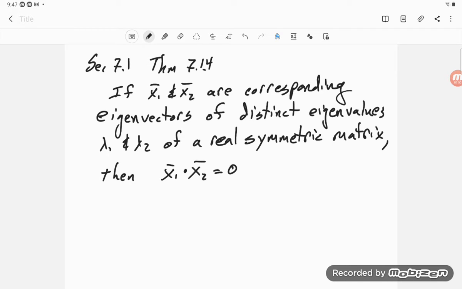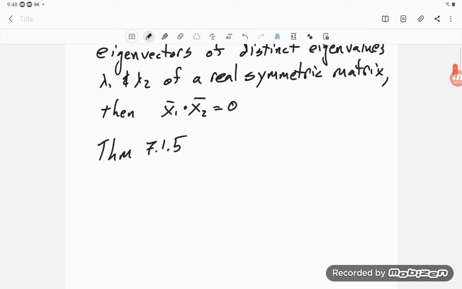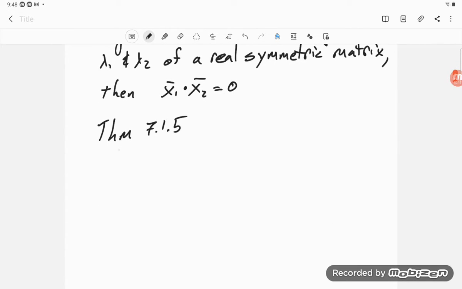And so then what that leads to, though, is since we've got that orthogonality and so forth, then when we get to theorem 7.1.5, we have that, and this again is, they say for a 2 by 2, but it's just generally true.